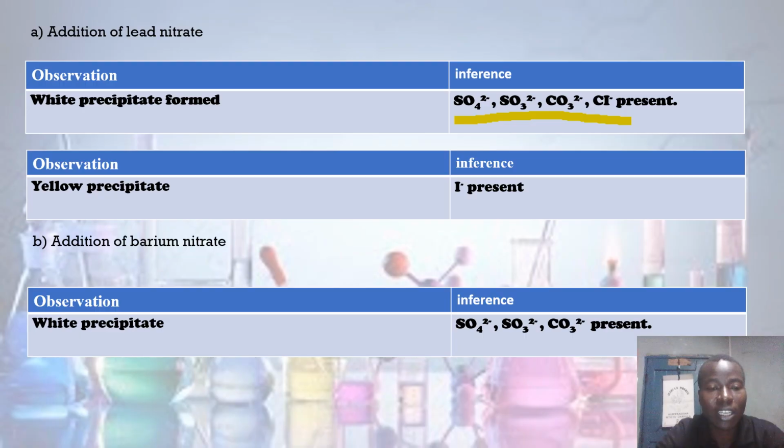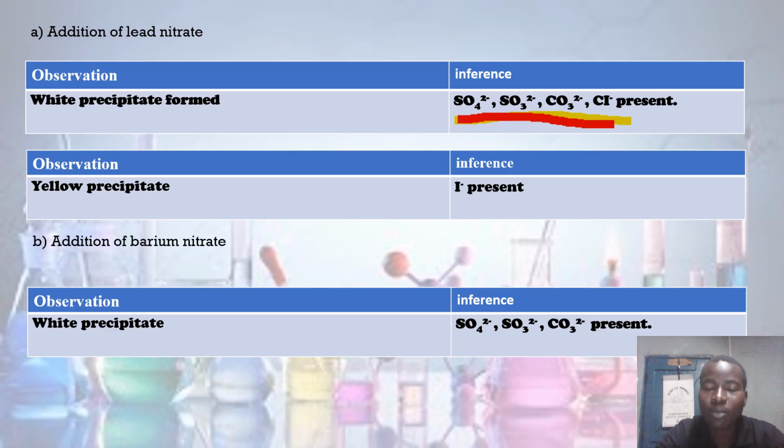Now in this particular given case, what I'm simply trying to do is, I used lead nitrate, and I found all these four ions being present. These four were present. So I want to try and eliminate by use of barium nitrate.